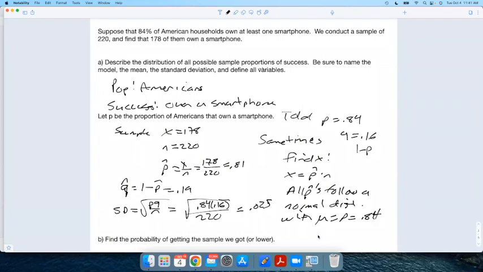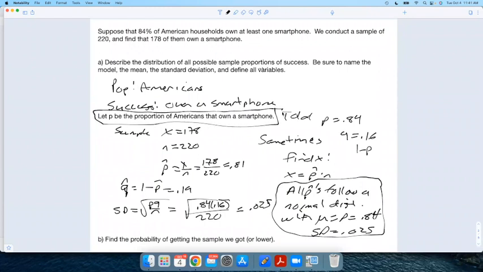That's an ugly 4. And standard deviation equals 0.025. There is describing the model, and there is defining the variable.